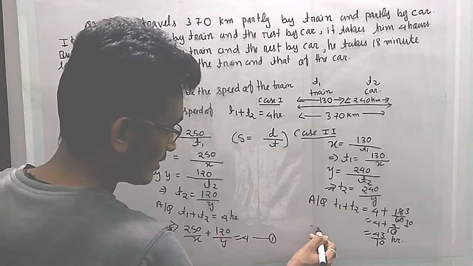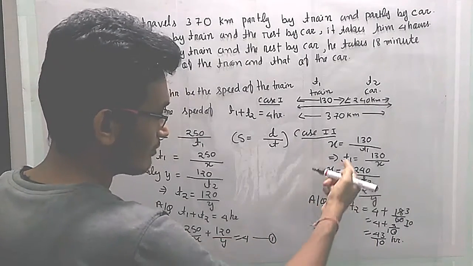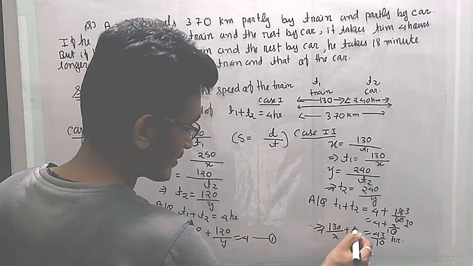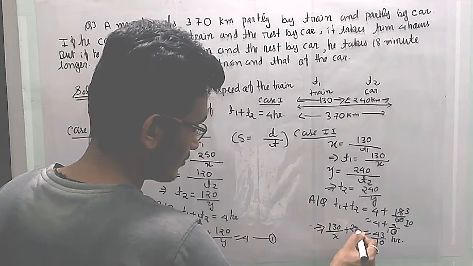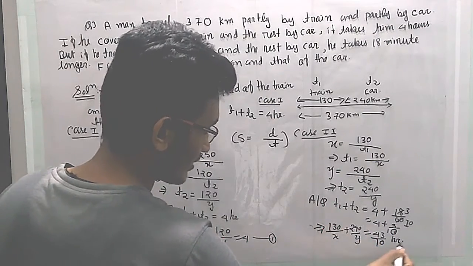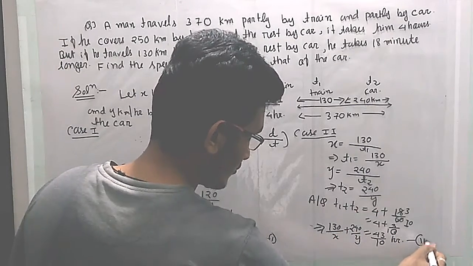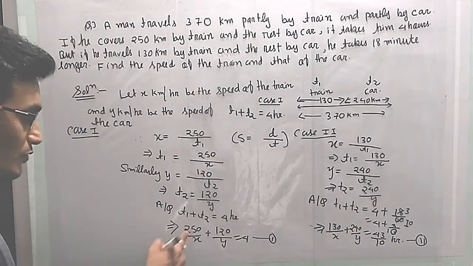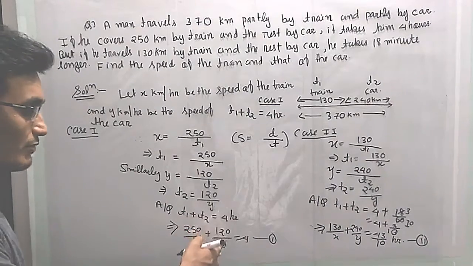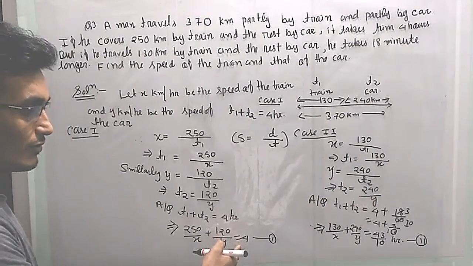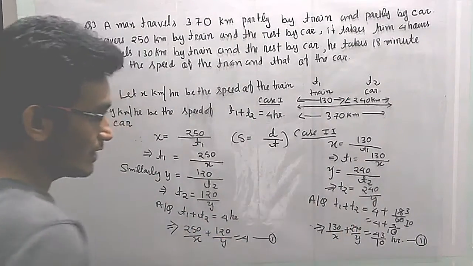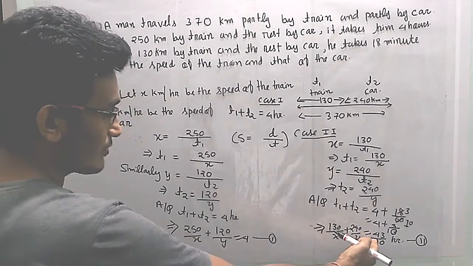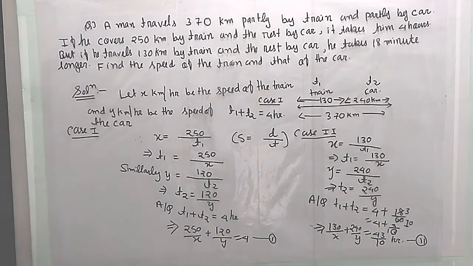So instead of T1, we can write T1 means 130 by x and T2 means 240 by y. So this is equation 2. So in equation 1, we get 250 by x plus 120 by y equals 4. And in equation 2, we get 130 by x plus 240 by y equals 43 by 10.